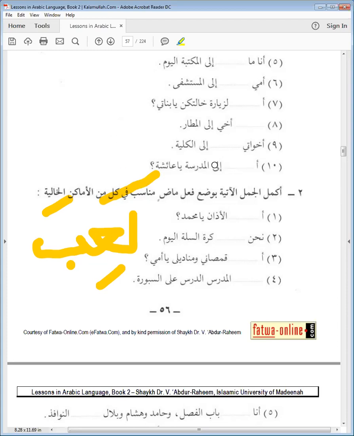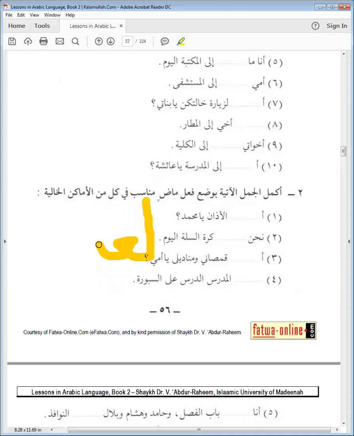So if we go in with la'ib, la'ibna, we then just take off the, la'ib, sukoon on the ba, and then na.